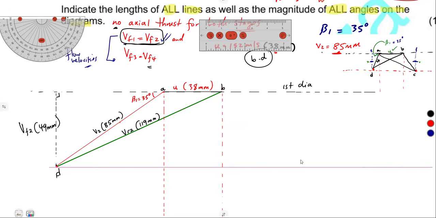So how can we find that point C? C can be found if we have BC.